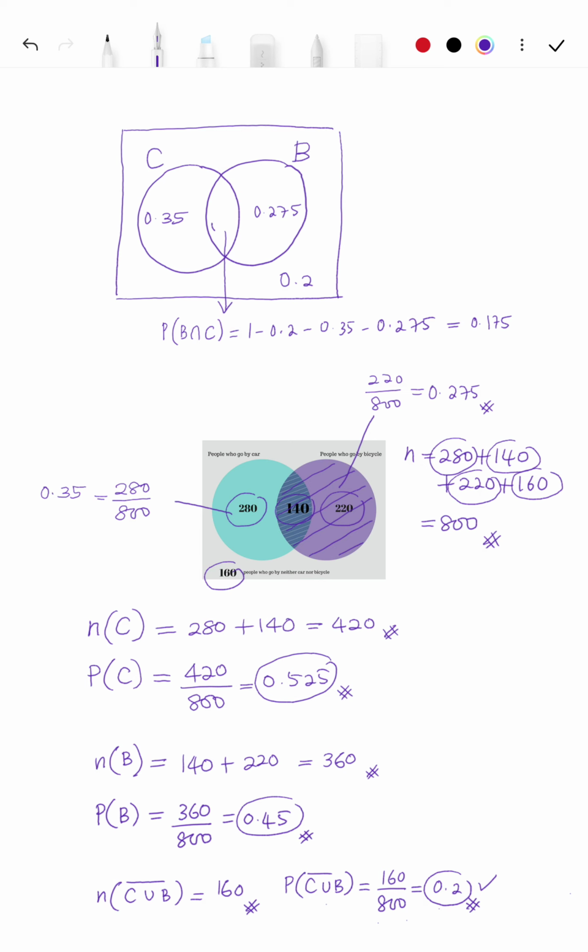So the middle value here is 0.175, and you can check that 0.175 is the same as 140. The one in the intersection region is the same as 140 over 800.